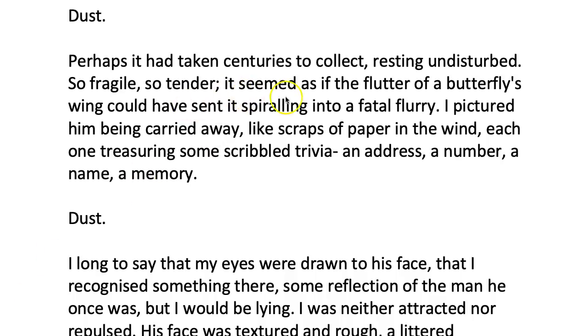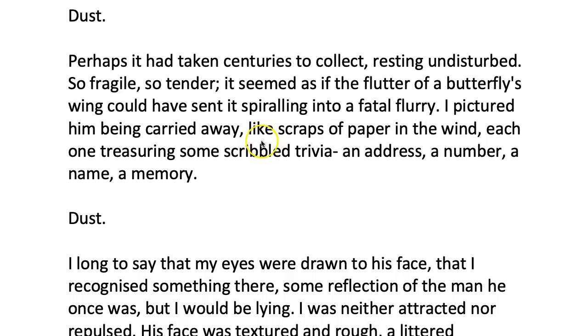However, the description of the dust as like a butterfly's wing, emphasizing how fragile it is and how it's spiralling into a fatal flurry, which is an image of death, invites us also to think of the old man as already dust. So when he's picked up, the narrator can already see this person's body breaking apart and turning into dust even as it's lifted.